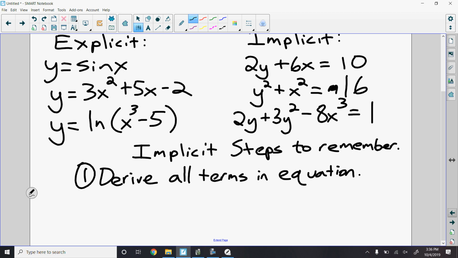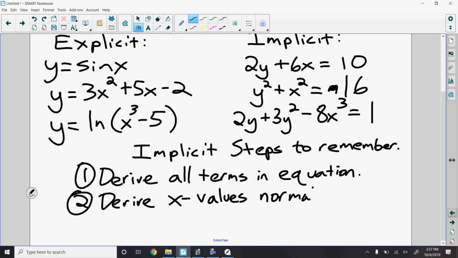Our second thing to remember is derive x values normally. So anytime you come across an x, do the derivative as you normally would.